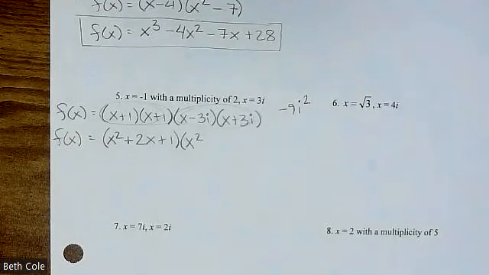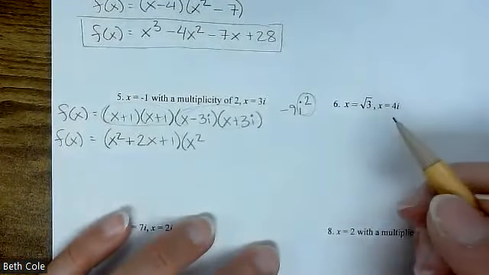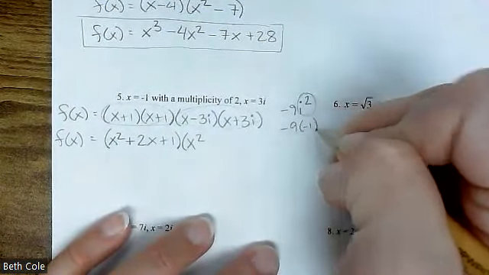I'm going to pause on this problem for a second. We're just going to talk about i squared really quick. Do you remember what just i is? It's the square root of negative 1. So if you square that, you just get negative 1. So i squared is negative 1.